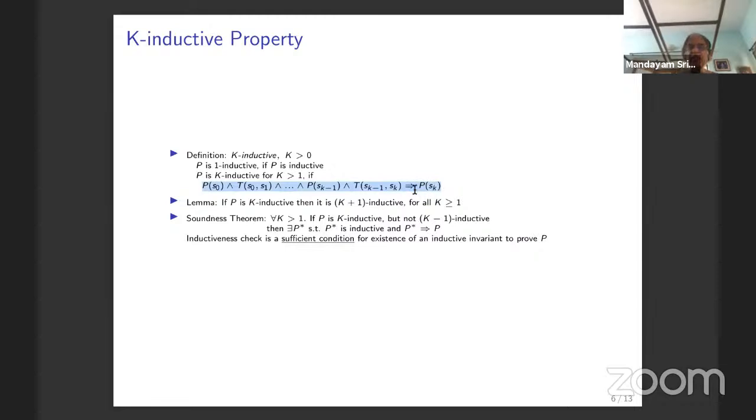If this check is valid, then this theorem claims that there always exists a P star such that P star is inductive and P star implies P. And you can see why, because this is a way of checking without actually computing the image.